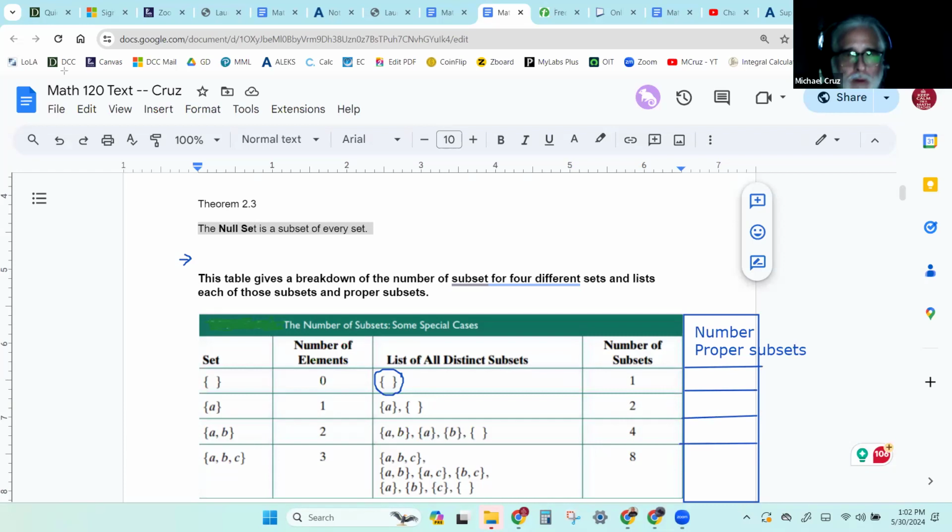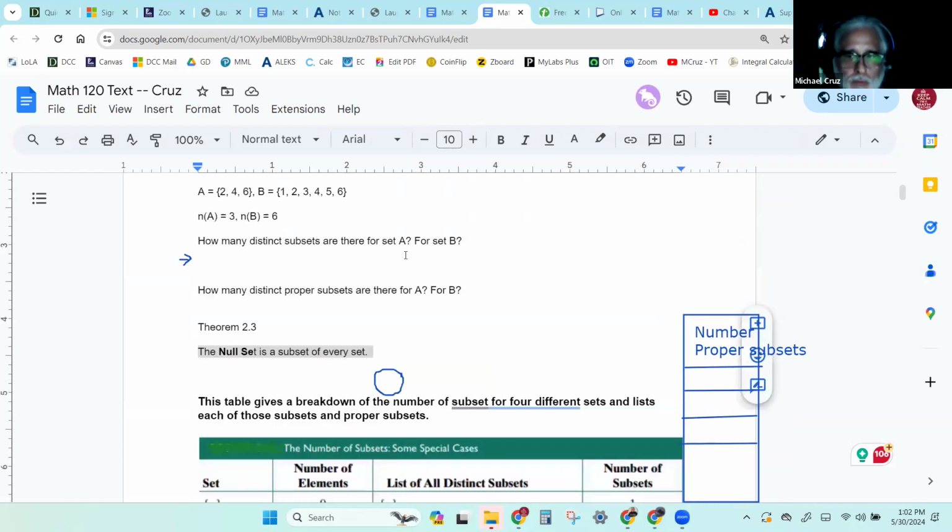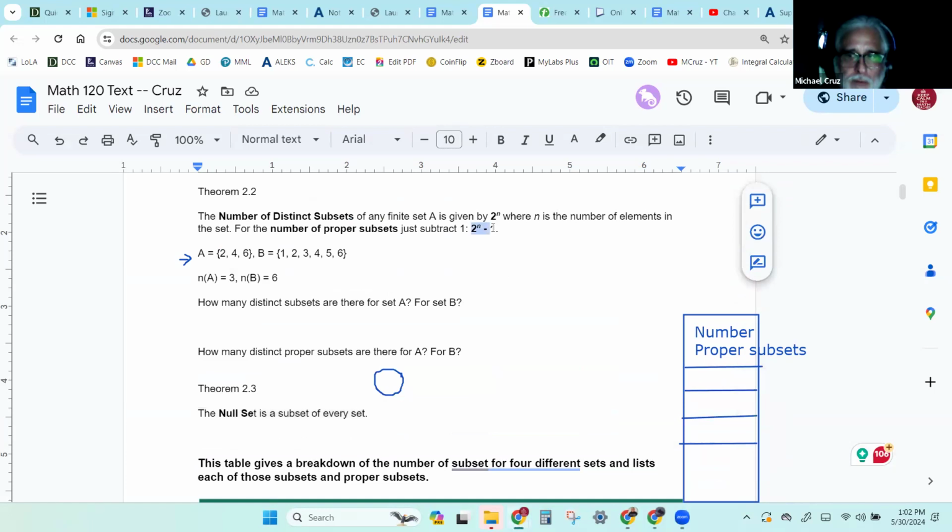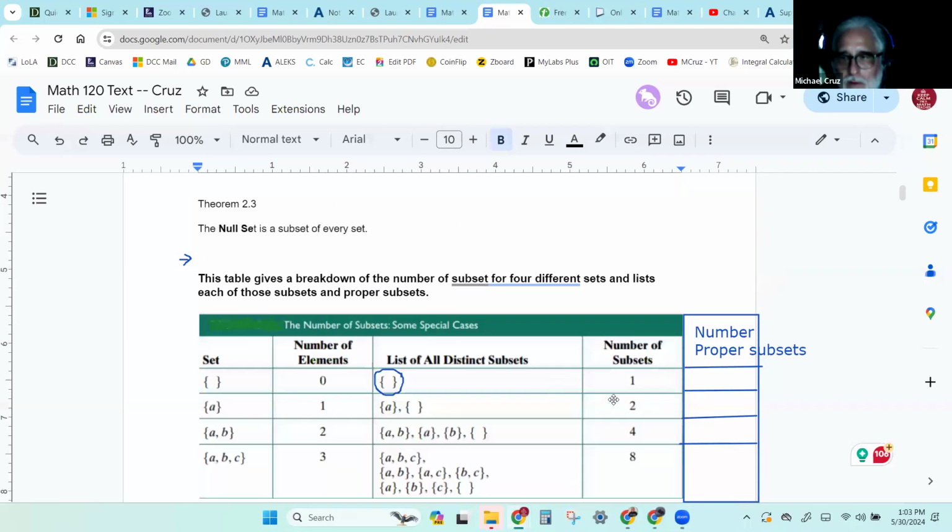And just remember, all we're doing is using this formula to subtract out 1 from the column directly to the left. So 1 minus 1 means we have 0 proper subsets for an empty set. That makes sense because the empty set and the empty set are equal, so it's not a proper subset. So there are no proper subsets for an empty set.